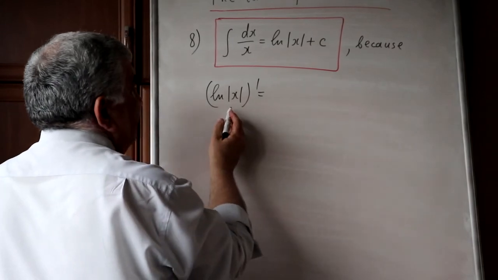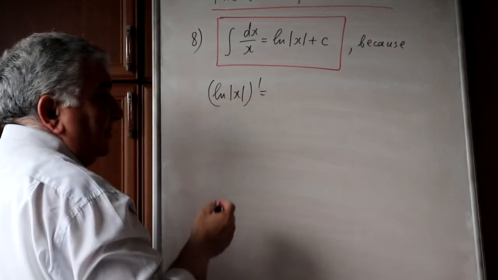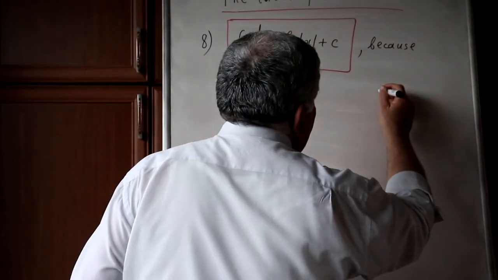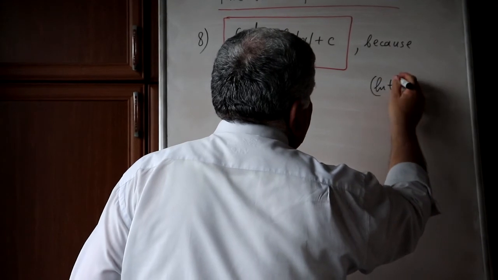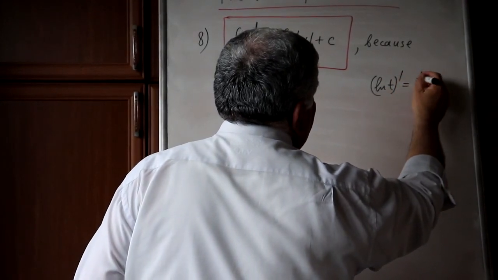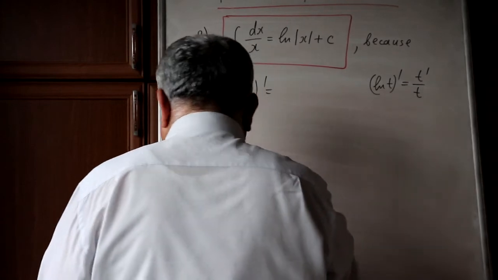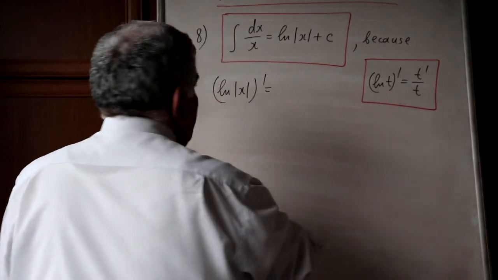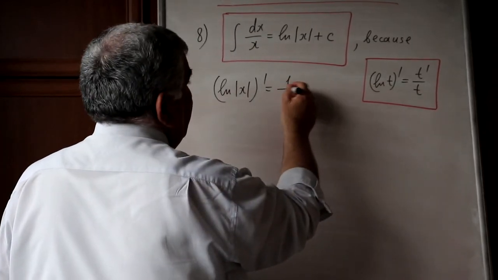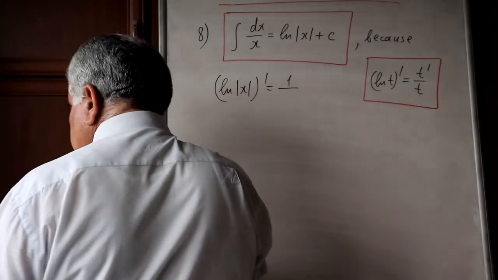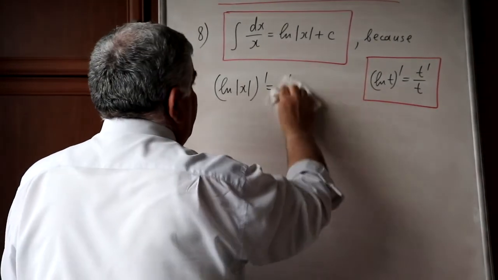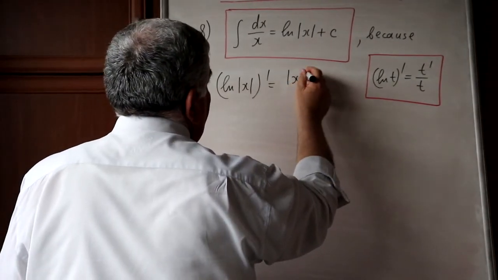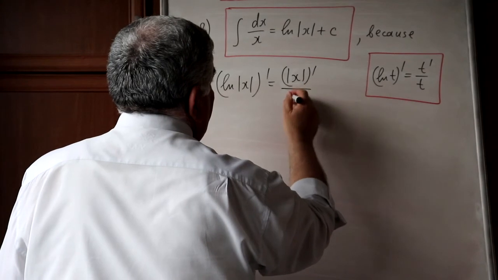It is a composite function, that is, a function of type natural logarithm of t prime. Natural logarithm of t prime is named the logarithmic derivative, and it is equal to t prime over t, which equals modulus of x prime over modulus x.